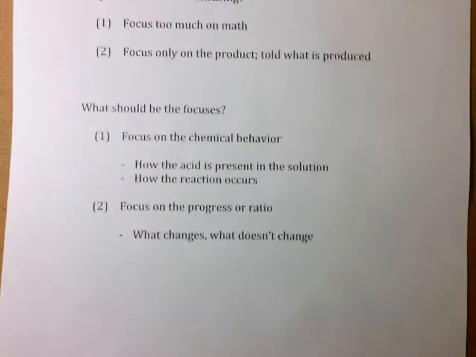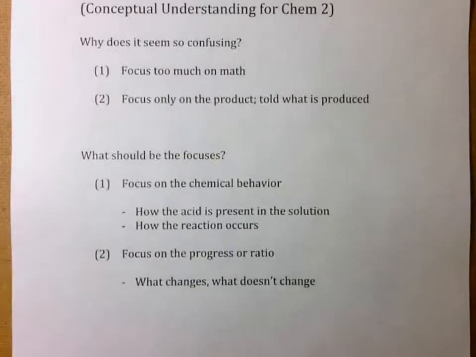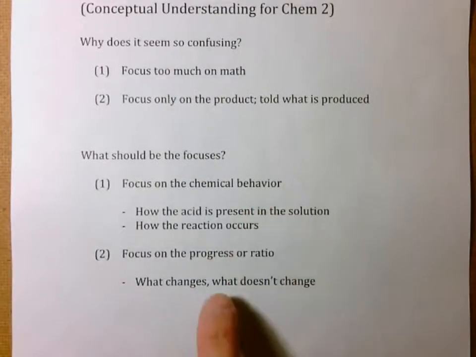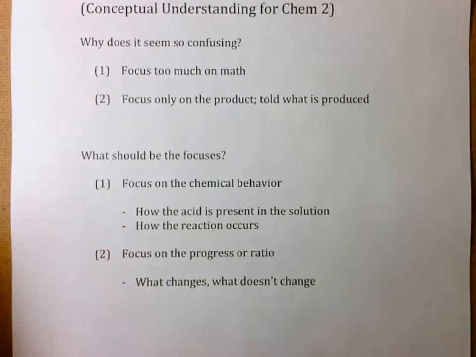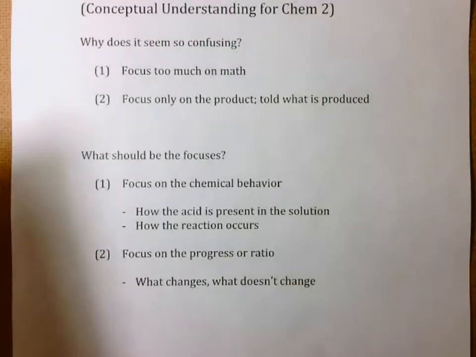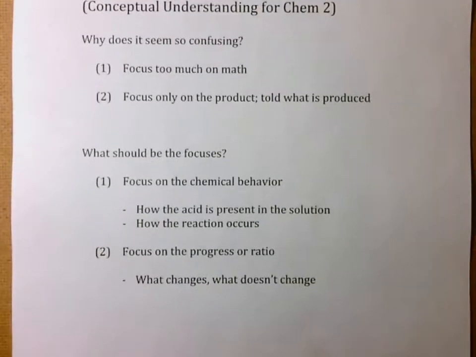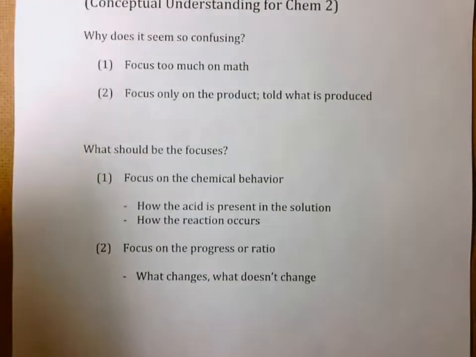We really need to focus on how the chemicals behave and focus on the progress. So I gave you a few minutes of review about the Chem 1 calculation that you have done before. We are not saying that it is not important. You may use it at some point. You might calculate one data point or so in a titration graph.